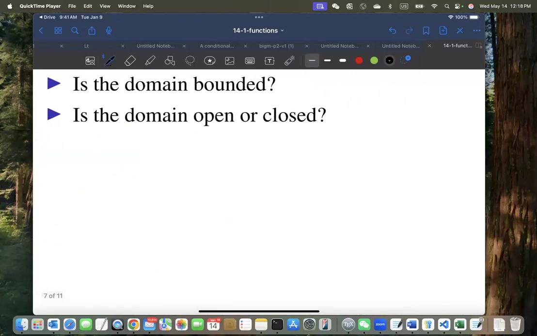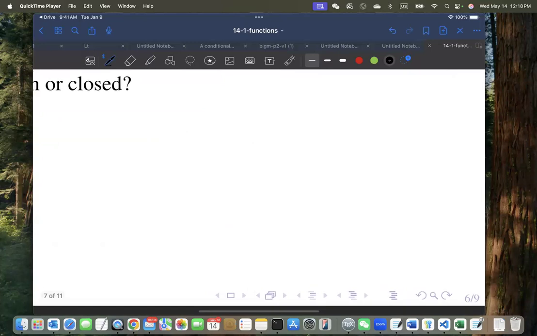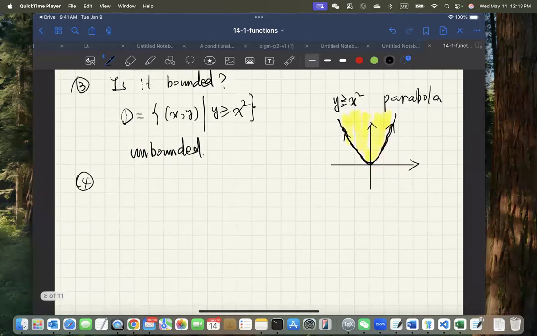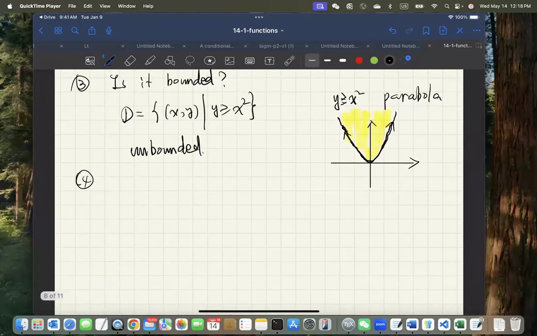The next question: is the domain open or closed? And this is a good question. For openness or closedness, we need to look at the boundary points and whether they are included in D. So is D open or closed?